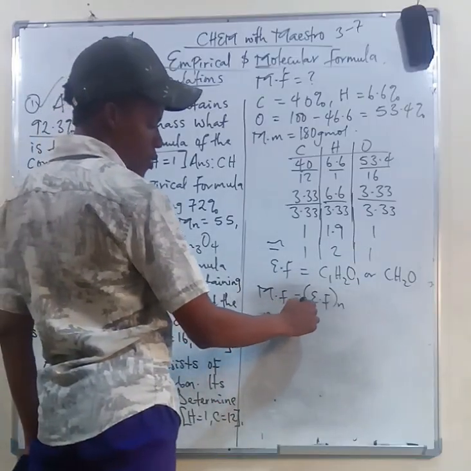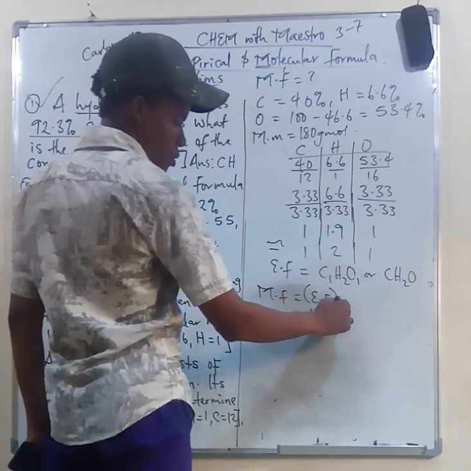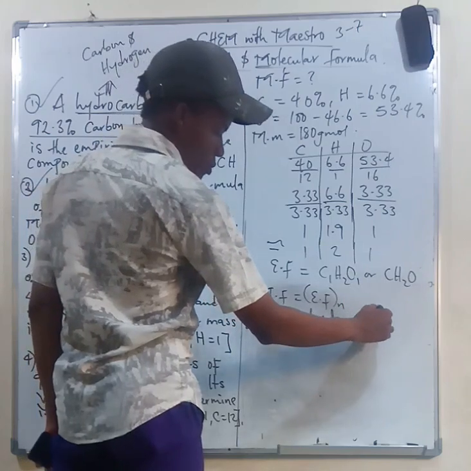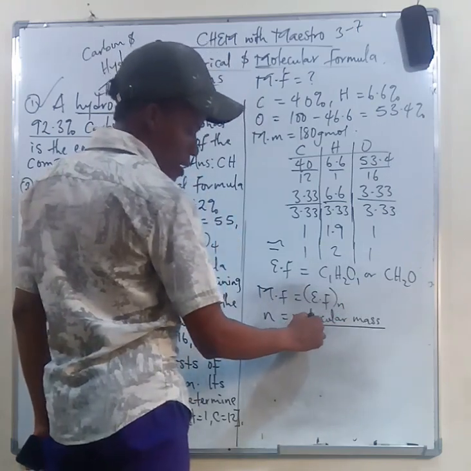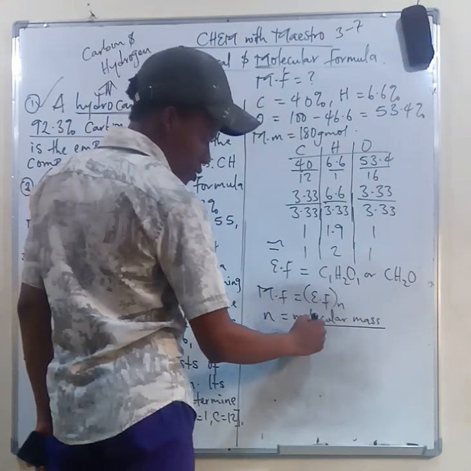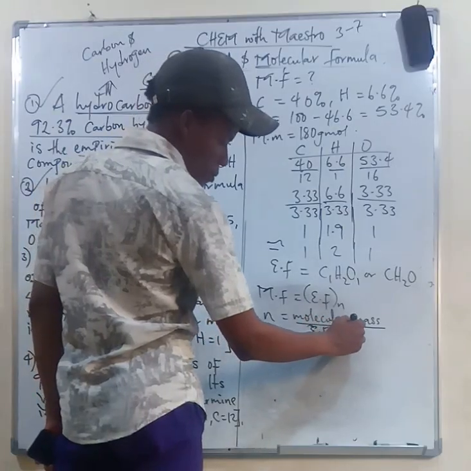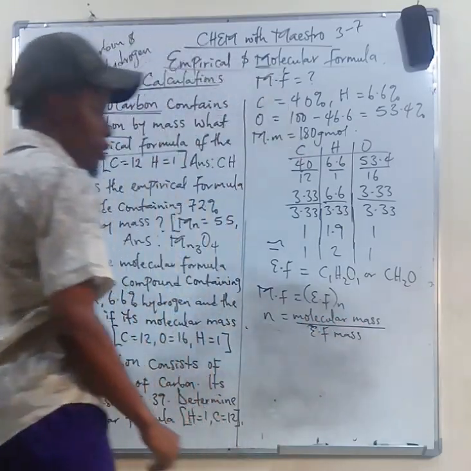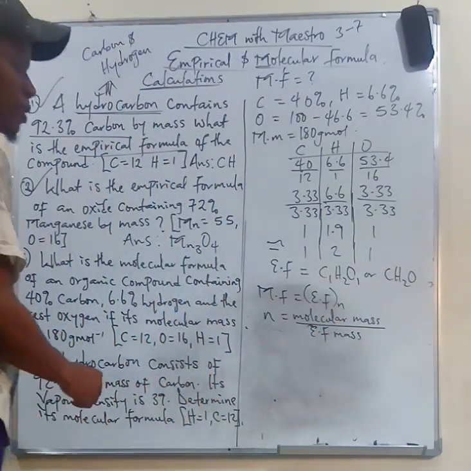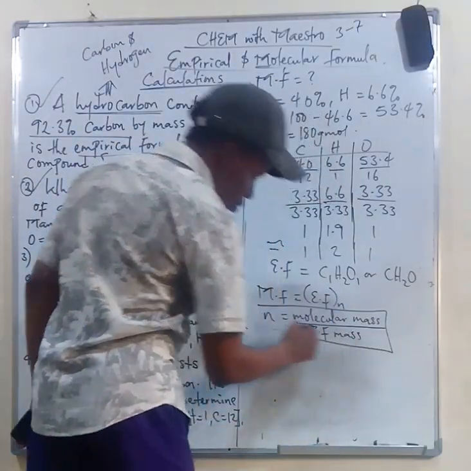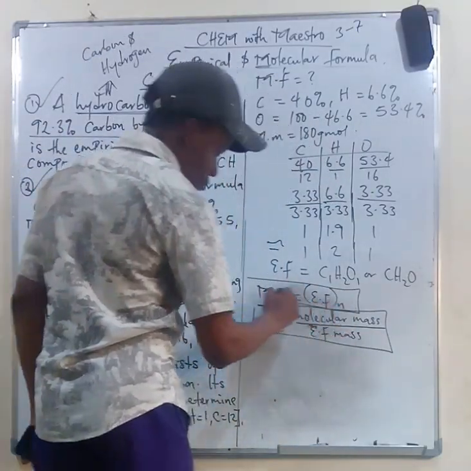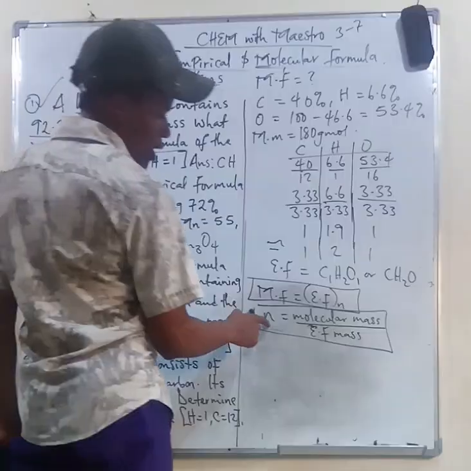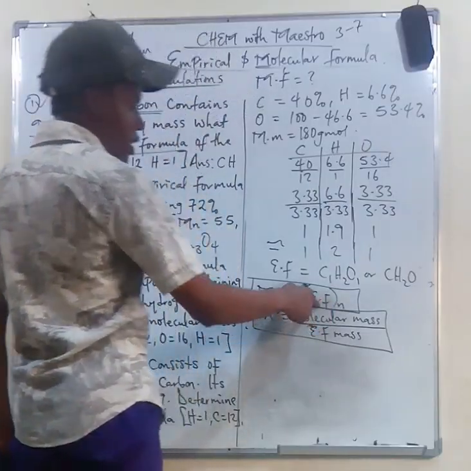N is the molecular mass over the empirical formula mass. Please take note of both of them. Very important.